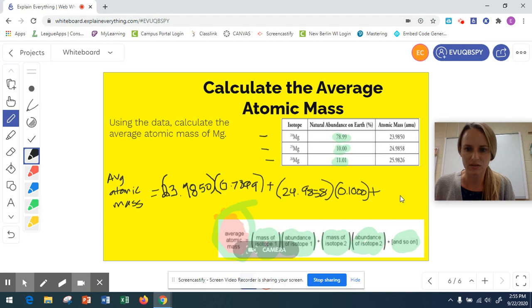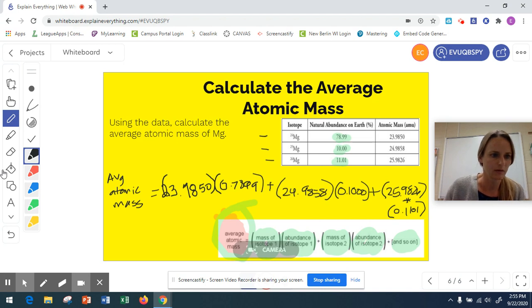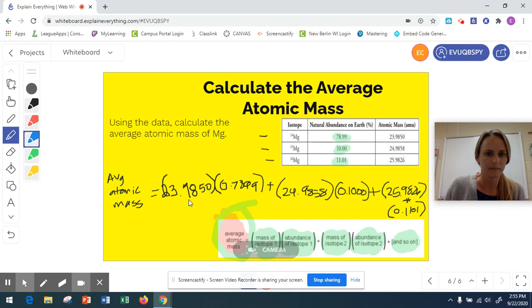And then we can add that to the third isotope because magnesium has 3 isotopes. The mass of that one is 25.9826. And we multiply that one by its abundance in decimal form, so 0.1101.